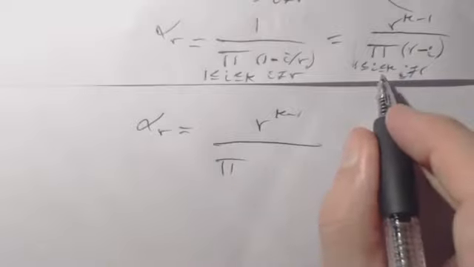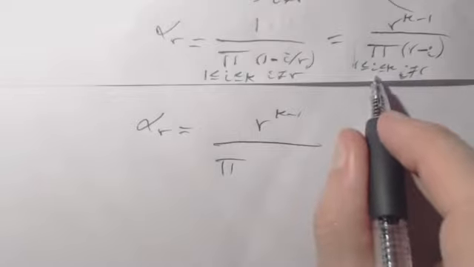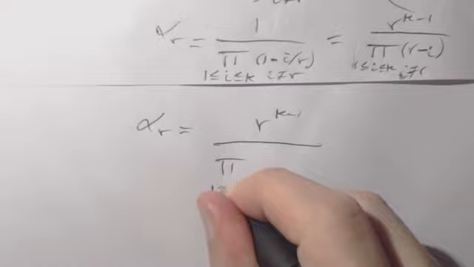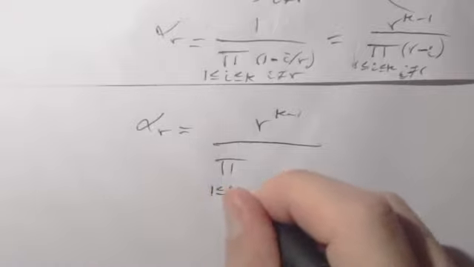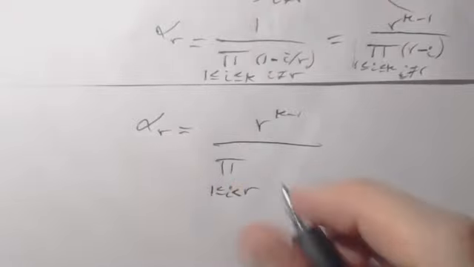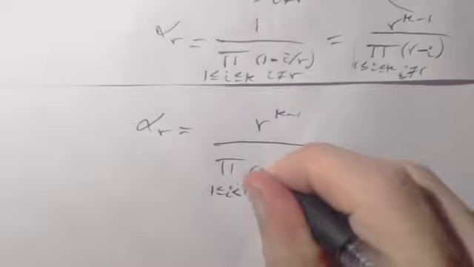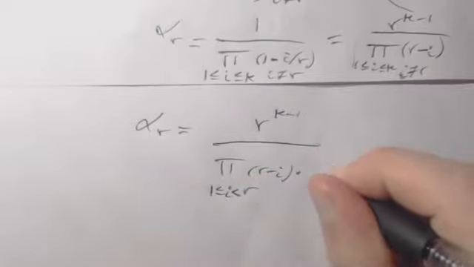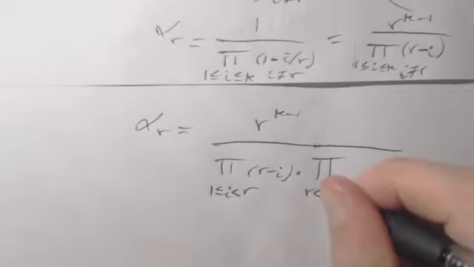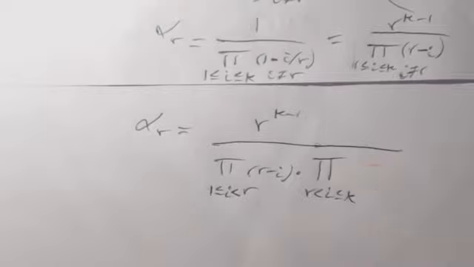I'm going to split it into the products for i between 1 and r, so i is greater than or equal to 1 but less than r, of r minus i, times the other part, where i is bigger than r, of r minus i.